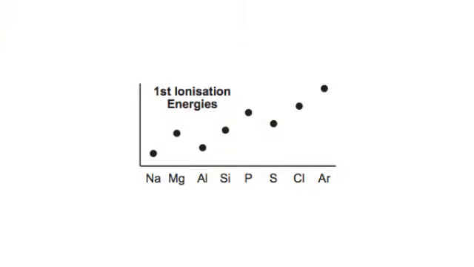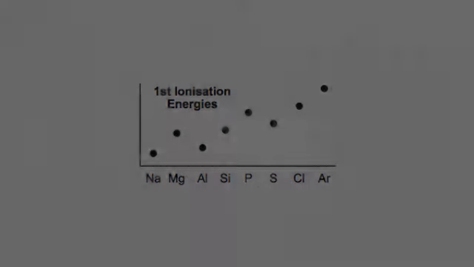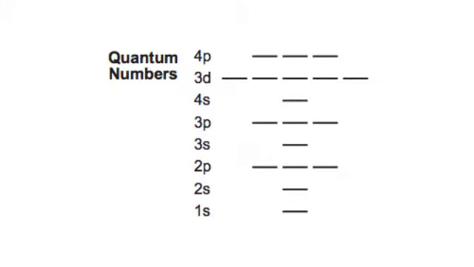They go 1, 2, 1, 2, 3, 1, 2, 3. Bohr interpreted this as the electrons existing in shells and subshells, which he named 1s, 2s, 2p, 3s, 3p, 4s, 3d, etc.